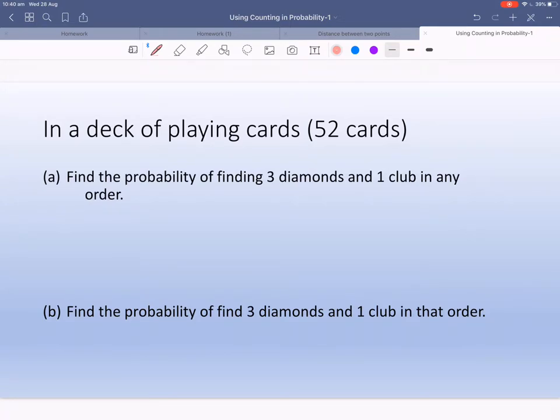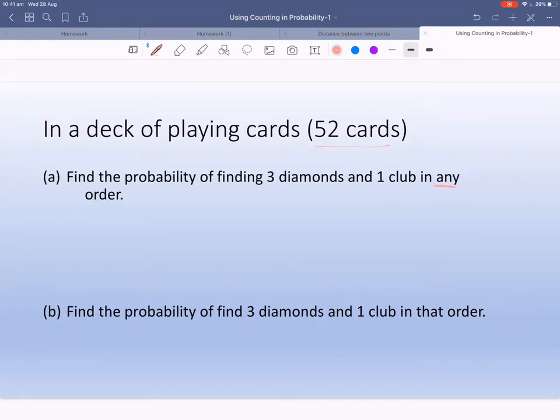So the question is, in a deck of playing cards, so 52 cards, so what we're talking about is the hearts, clubs, diamonds, spades, sort of card games. And we need to find the probability of finding 3 diamonds and 1 club in any order.